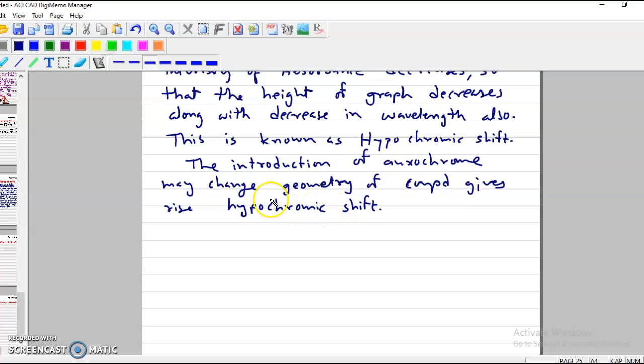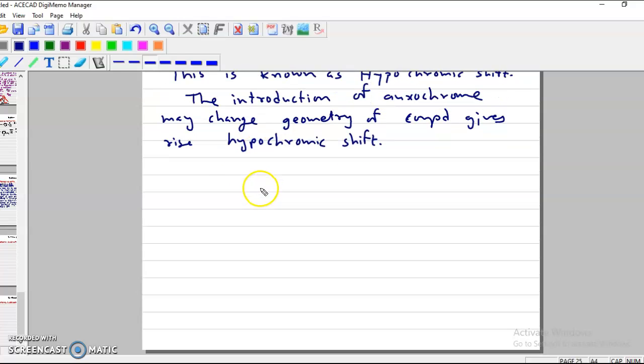Now let us take the example of biphenyl. There are two benzene rings attached with each other and there is no common bond, which is known as biphenyl.